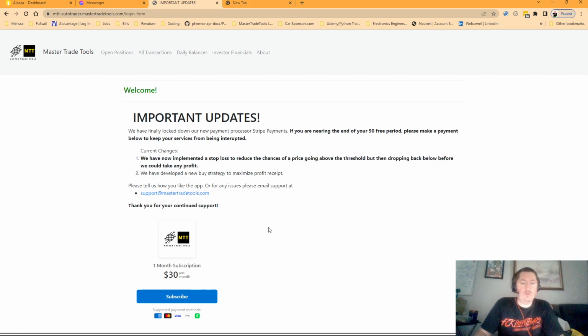You can click on that. We're using Stripe as our payment processor. So that's in the works. That's not in the works. It's already done.